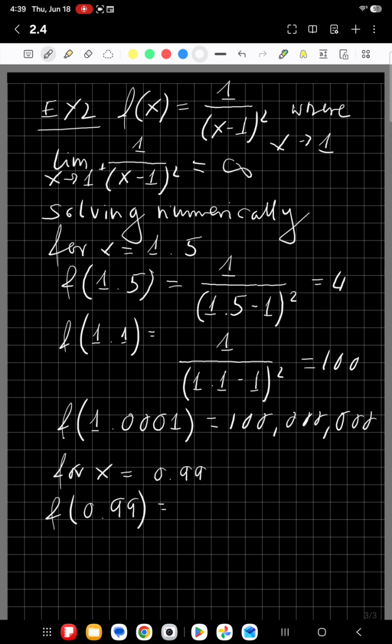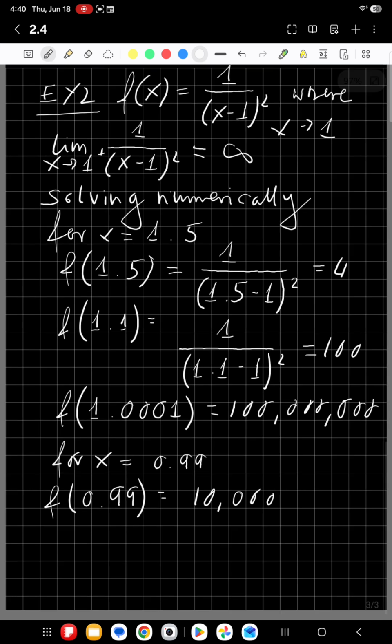That's going to be 0.0001, and then the reciprocal, so I get 10,000. So you see that if I'm approaching the number 1 from the left, I'm also getting big positive numbers.